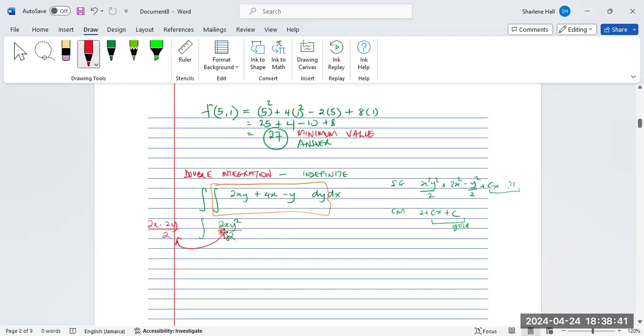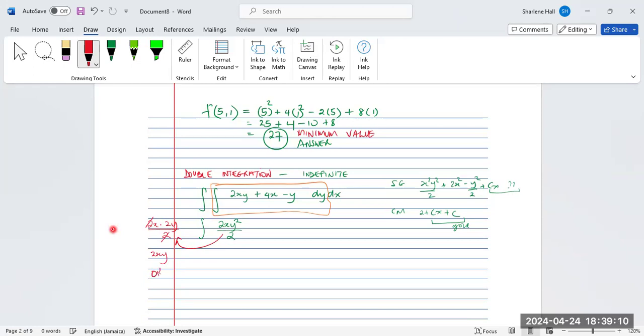So my 2x over 2 is a constant. And then I'm differentiating y squared. I'm going to do it 2 ways. When I differentiate y squared, we get 2y. This 2 cancels with this 2. x times 2 is 2, x times y is 2xy, which is equal to what we started off with, 2xy.